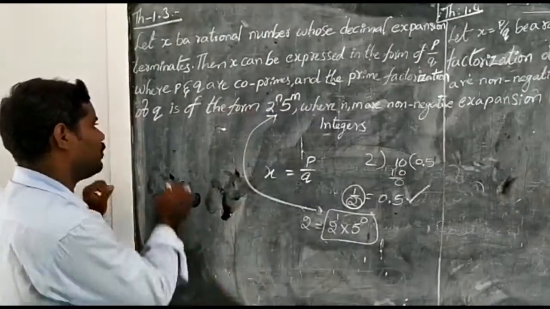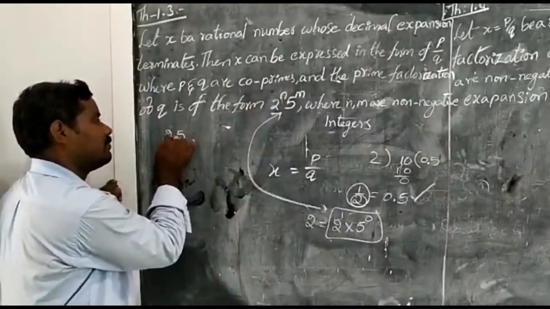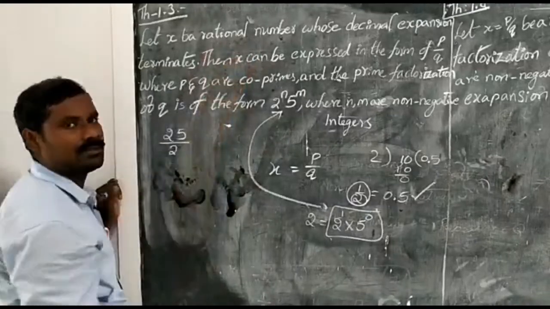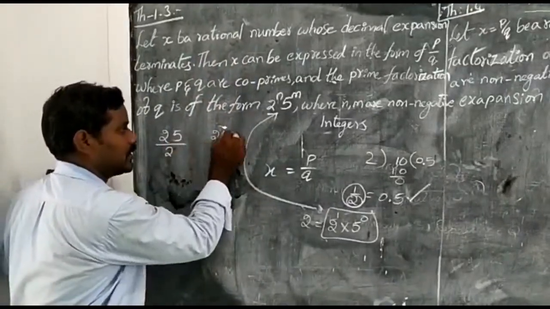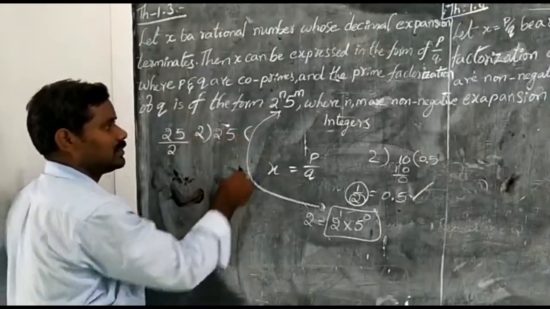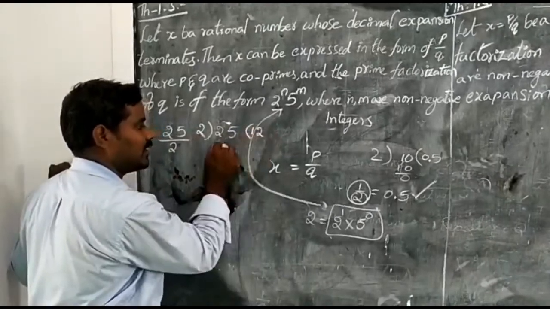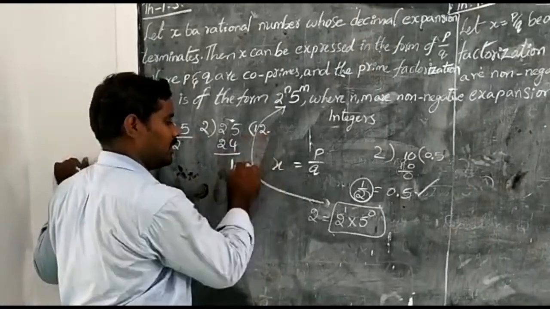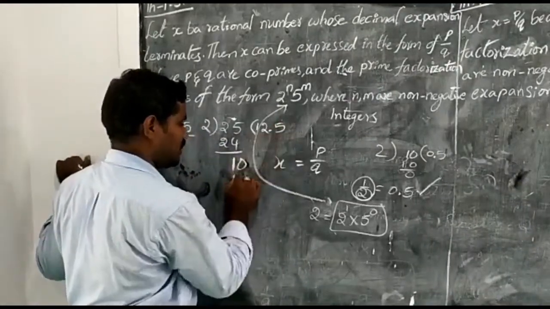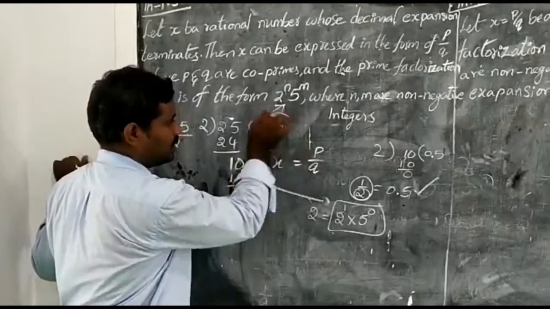Now I am taking one more example. 25 by 2 is a rational number. Now 25 divided by 2: 12 twos are 24, then the remainder is 1. Then it is 10, 5 times, so the decimal is 12.5.